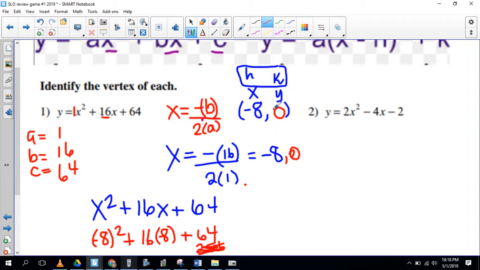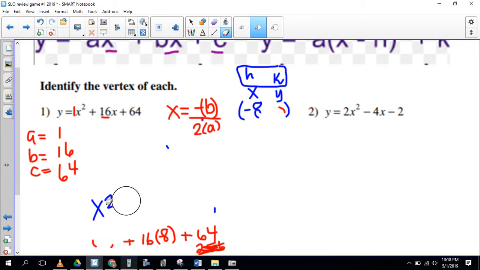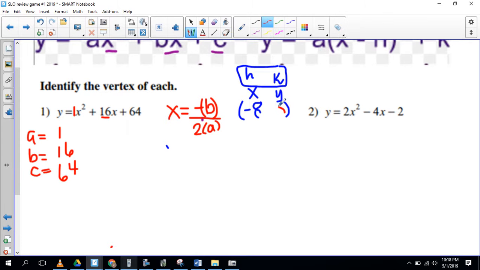Okay, so now the next step we're going to do, oh, wait a minute. I'm going to erase this so I can have some room. I'm going to write that 0 back. So remember, this is my x and y, but it's also my h and k. So my vertex formula tells me y equals a parentheses x minus h squared plus k.